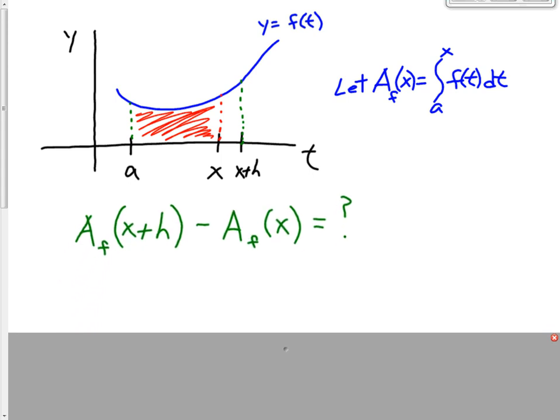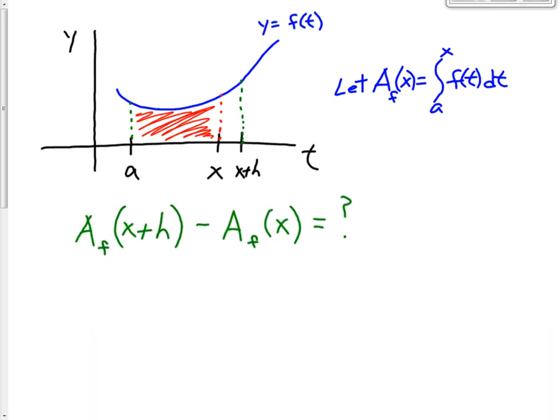All right. So now I'd like to look at A sub f of x plus h minus A sub f of x. So what would that represent? So let's look at what that's talking about. A sub f of x plus h would give us the area under this curve between a and x plus h.